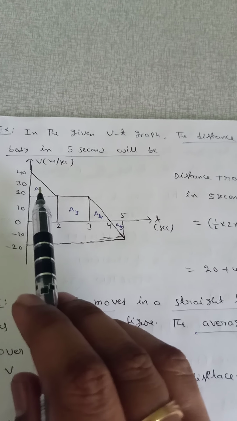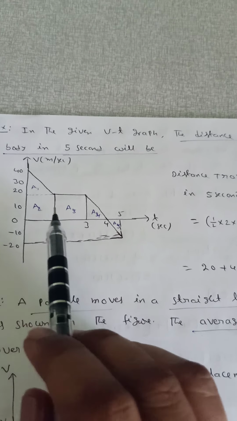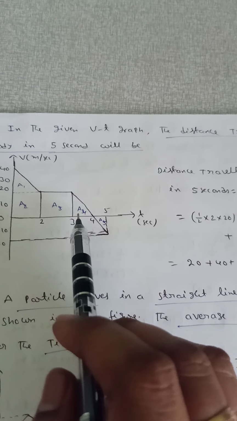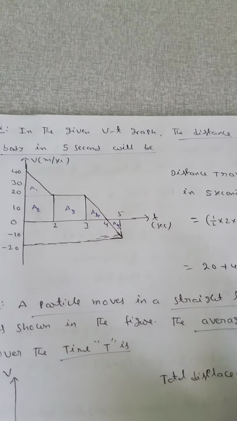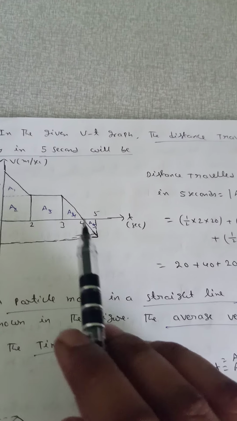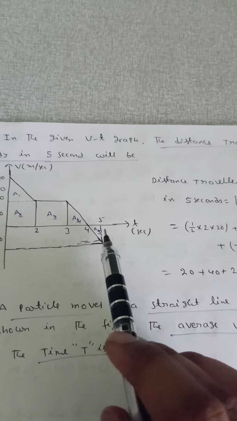A1 is the area of a triangle, A2 the area of a rectangle, A3 the area of a rectangle, A4 the area of a triangle, A5 the area of a triangle. Distance is always positive, so A5 is also positive.